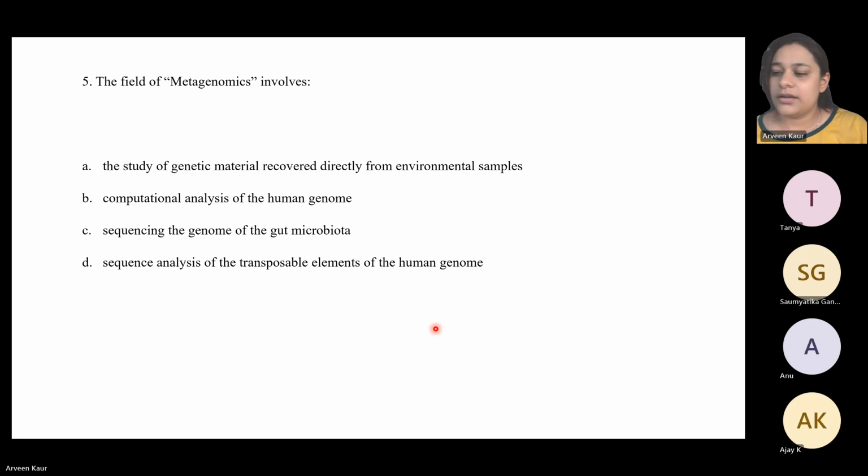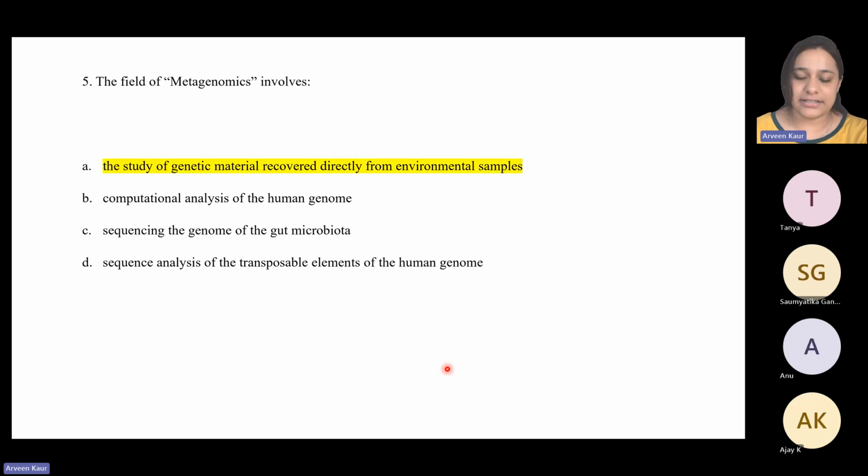Okay. So coming on to the answer, A, right. So that is actually correct. I thought people might be confused between A and C, because that is a very genuine doubt that a lot of people have. Anyway, you got it correct. So the answer is in fact A, which is the study of genetic material recovered directly from the environmental samples, right?